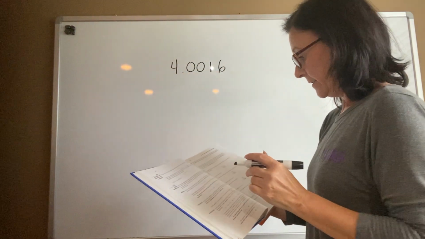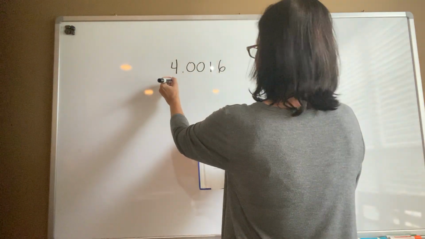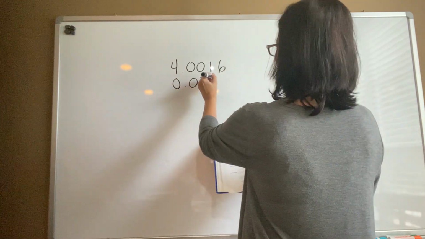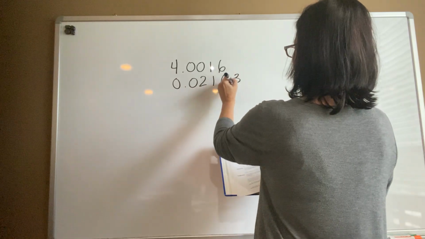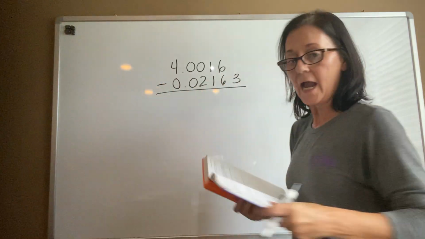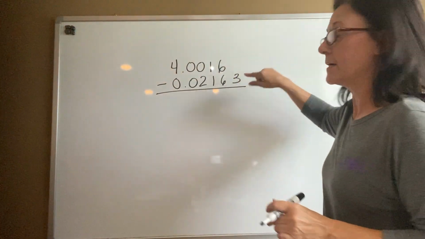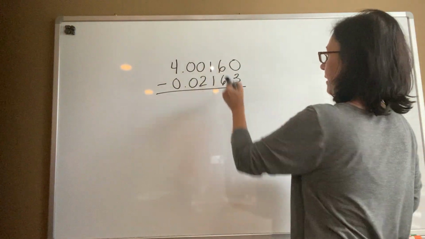The subtrahend is the 0.02163. I have to have the same number of decimal places in my minuend as I do my subtrahend, so I'm going to write a 0.